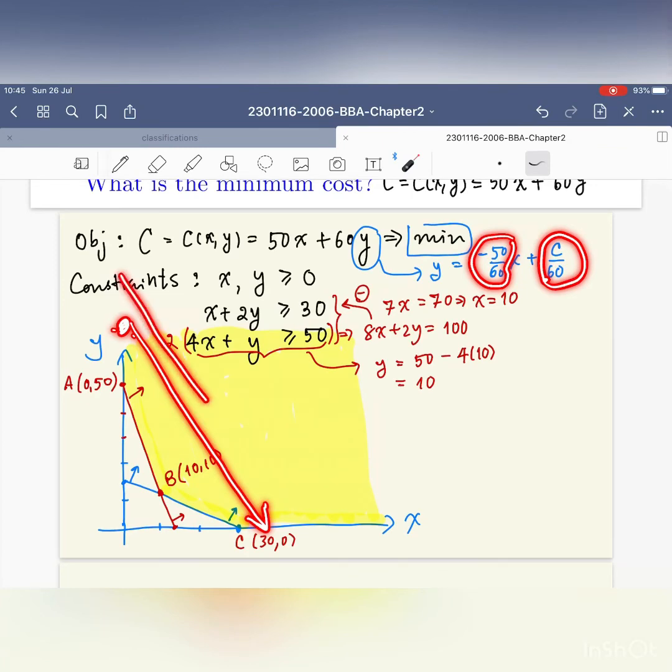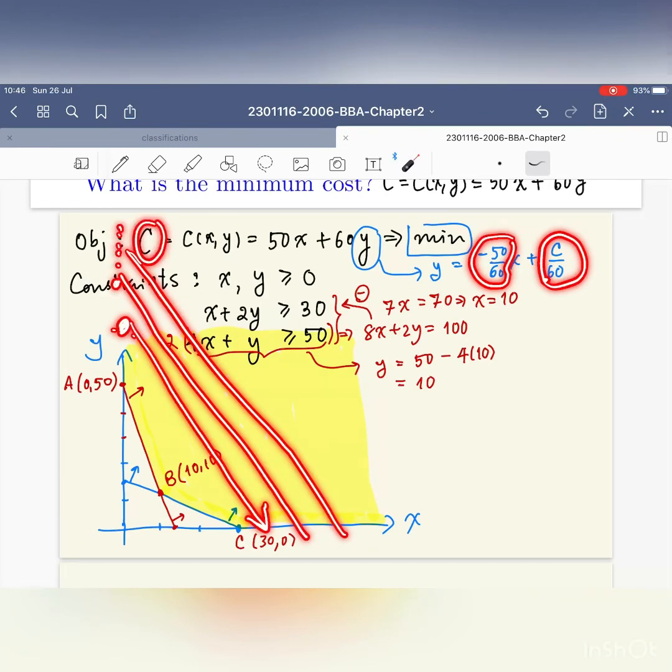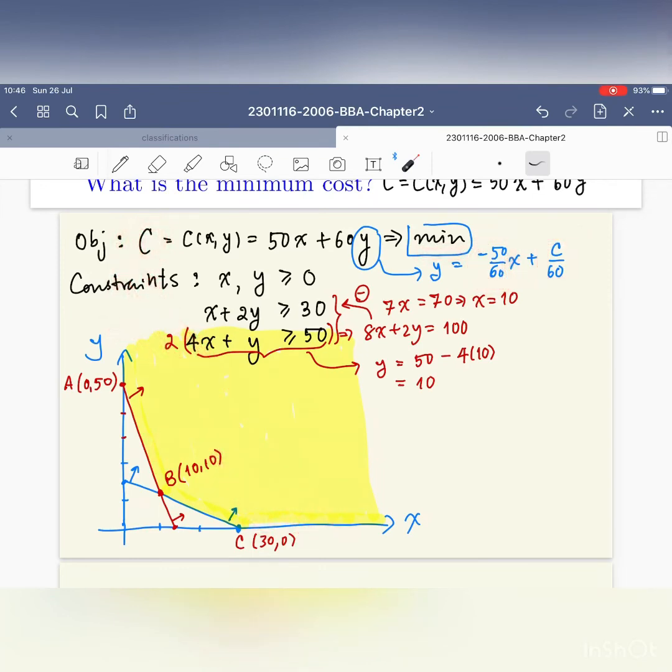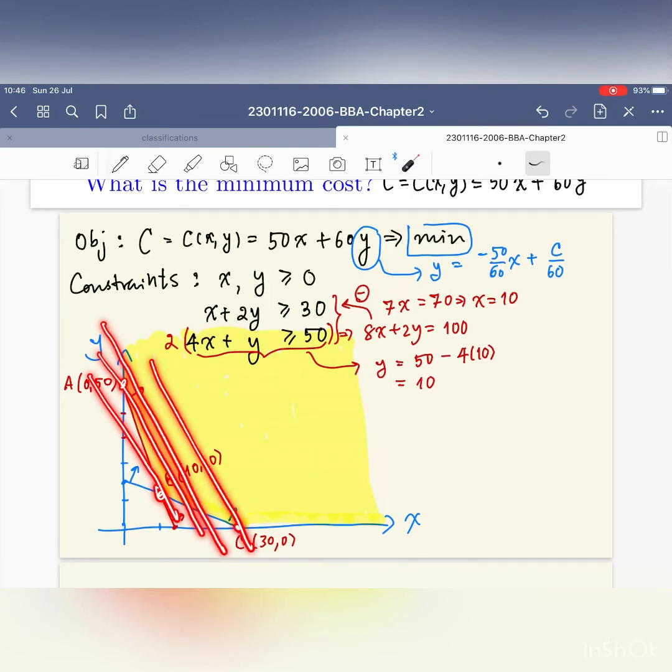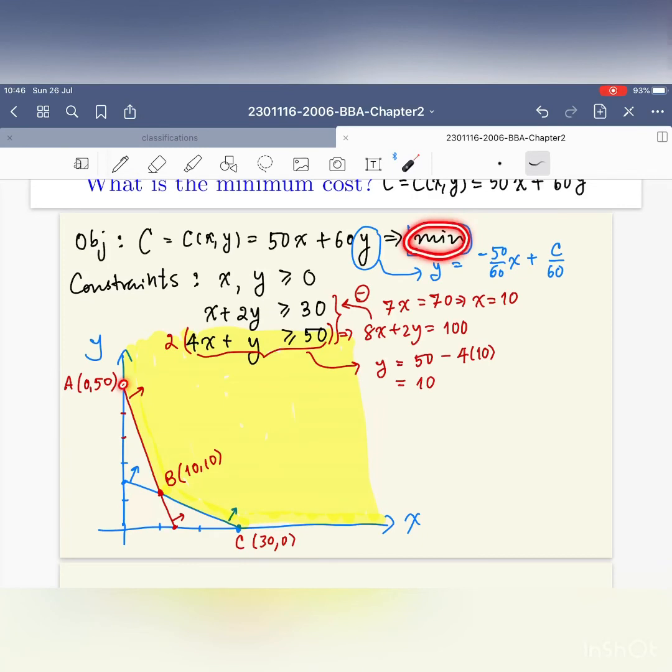So as you move your objective line upward, your y-intercept will be higher and higher and higher. So it means that your cost will be higher, right? But you need a minimum cost, so you need to move downward, okay? Which is okay. I mean, if you move downward, you will hit either this point or this point or that point, okay? So the minimum occurs at some of these corner points.